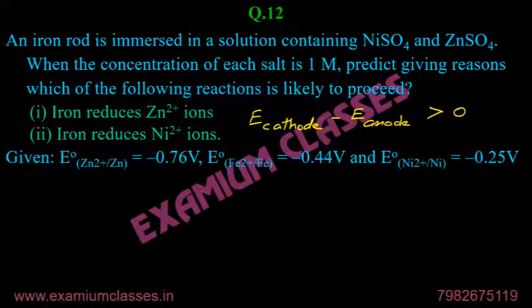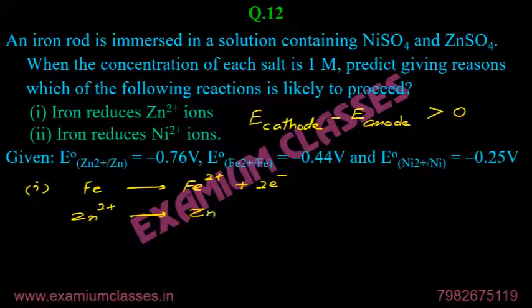Now in the first case, iron reduces, meaning iron itself gets oxidized because iron is reducing. Zinc sulfate, meaning Zn2+, will get reduced. Oxidation, reduction.